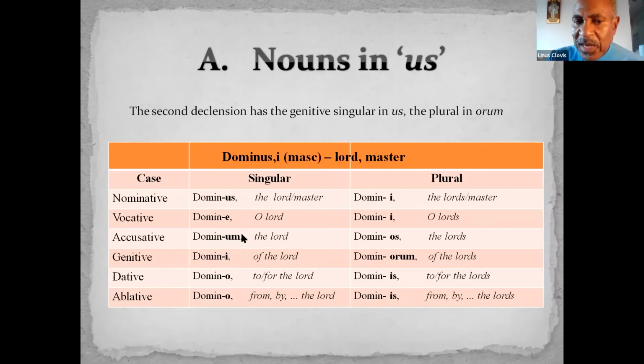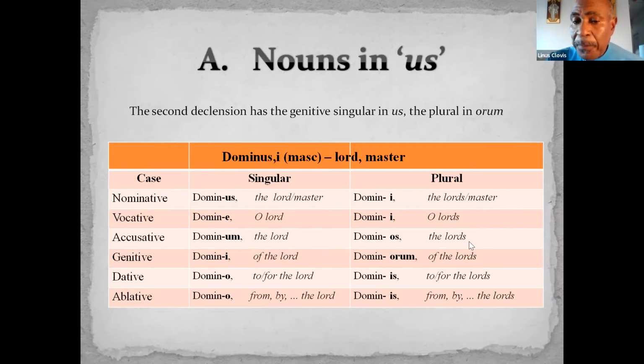So all of the declensions will have an M. If it was AE, it should be AM. So the accusative singular, it's the Lord, dominum. And for the plural, it's dominos.